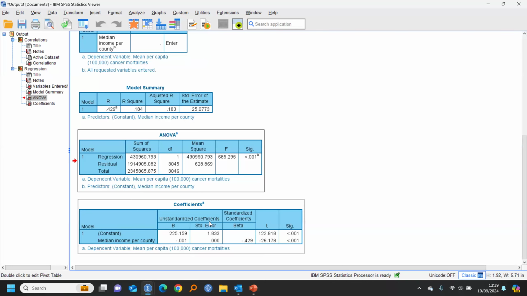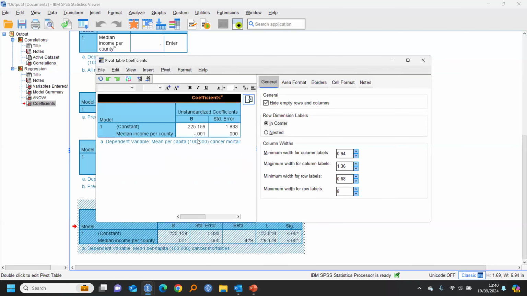And then we get our coefficients table. Our coefficients table here is actually showing us the constant in the equation. So it's saying you're going to add on 225, and for every unit of median income per county, you're going to multiply that by a value of minus 0.001. It's probably a wee bit more detailed than that.